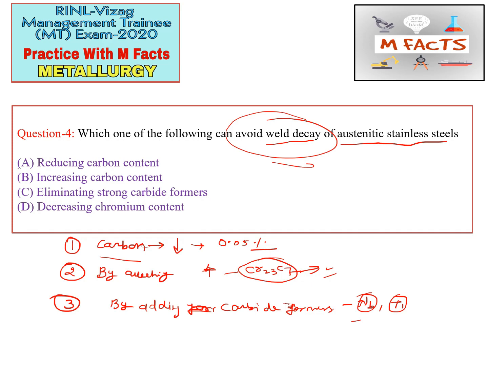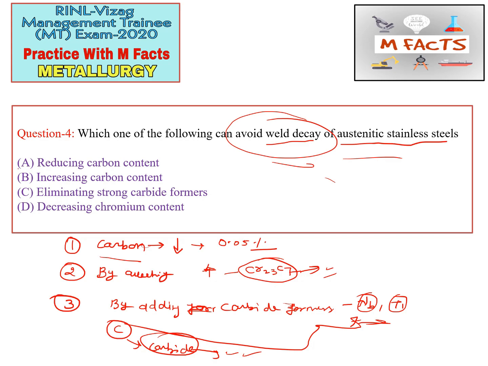By adding strong carbide forming elements to the steels such as niobium and titanium, the carbon will react with this niobium and titanium, and they will form carbides of those elements. And by forming titanium and niobium carbide, they will not form as much chromium carbide. So that way we can avoid weld decay of austenitic stainless steel also.